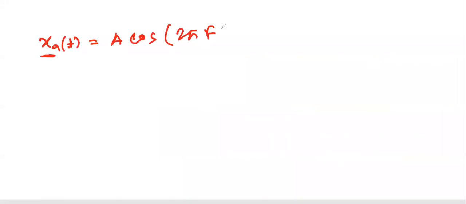So let me write it in that way. We are writing xa(t) is equal to A cos, that was twice pi capital F, because we are talking about the analog signal, capital F t plus theta. Now it can be written as cos twice pi f. What is t?